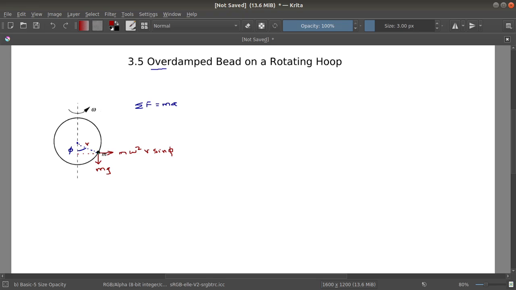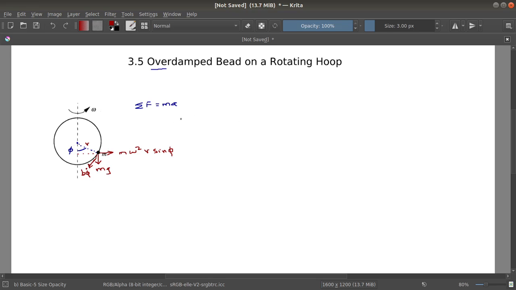That opposing force will be in this direction. Let's call the coefficient of viscous friction B, so the force is B times phi dot. So those are the forces acting.